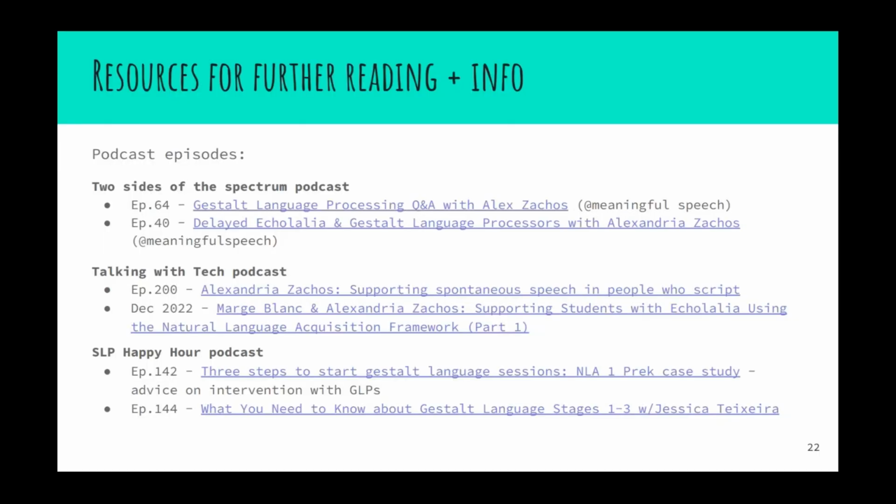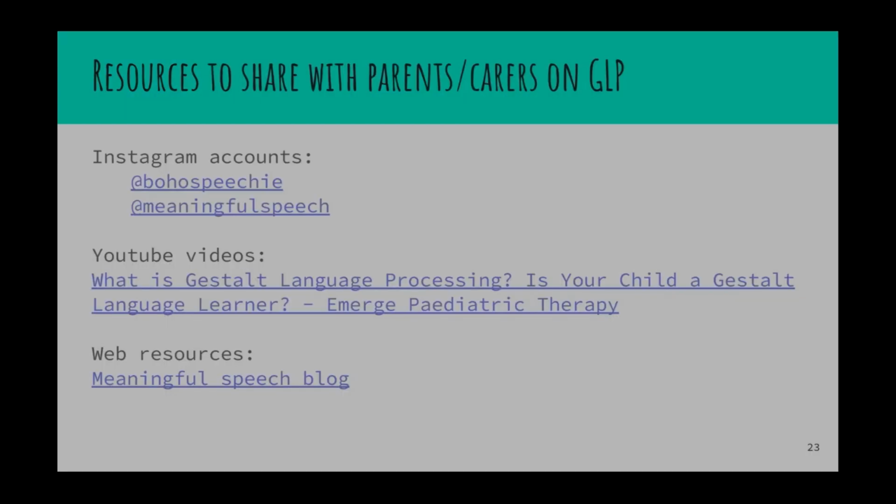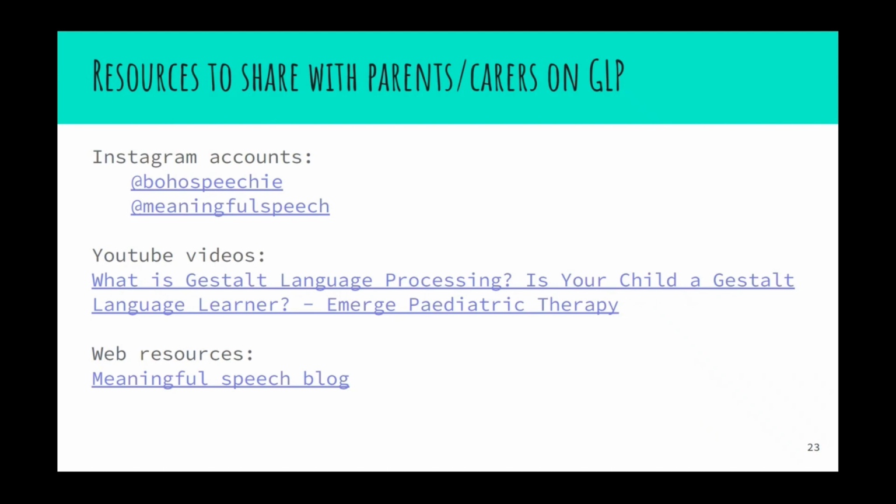We've also got a few podcast episodes. There's quite a few SLT podcasts out there and quite a few that talk specifically about Gestalt language processing. And lastly, here is a slide of some resources that might be helpful to share with parents or carers on Gestalt language processing. The information in these resources is a little bit easier to read for people who aren't speech and language therapists, so it might be a little bit more accessible.